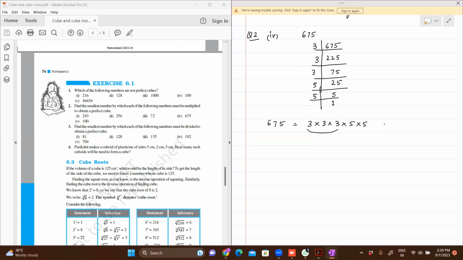So we'll write down here, 5 cannot be grouped into triplets of equal factors.